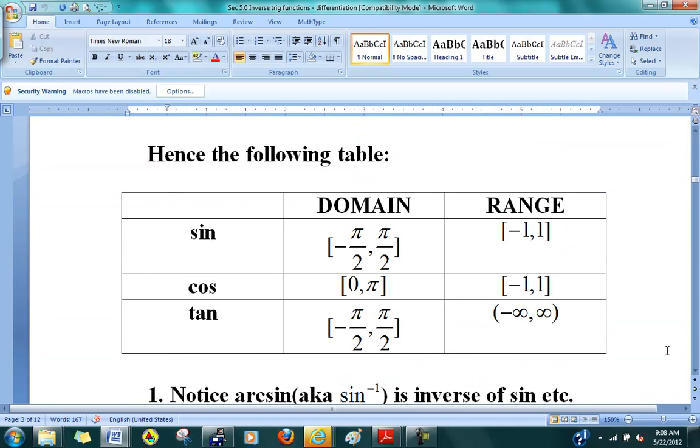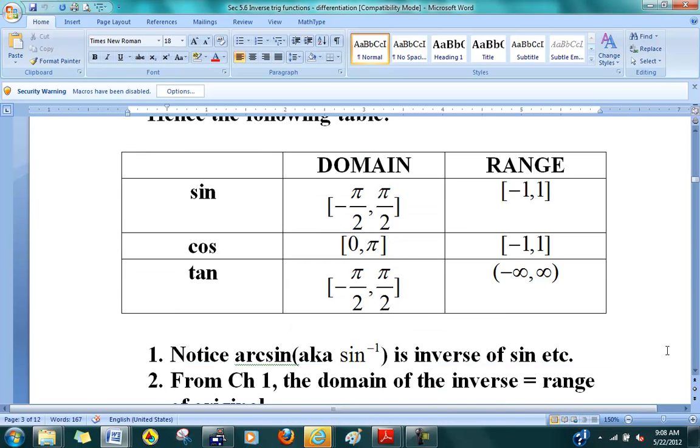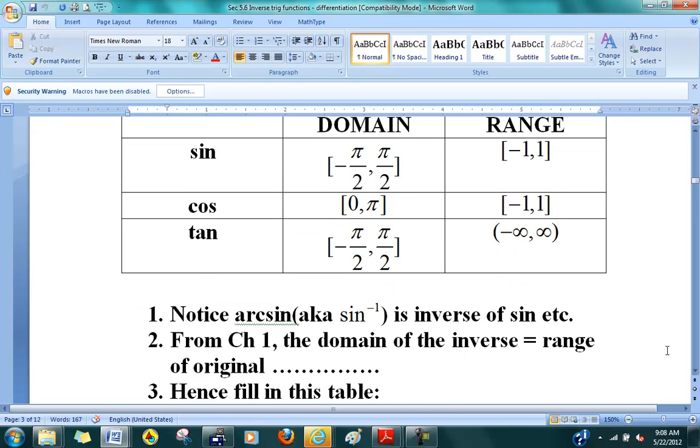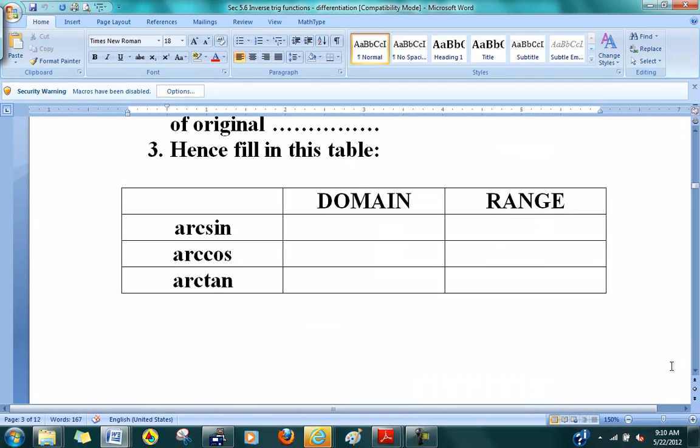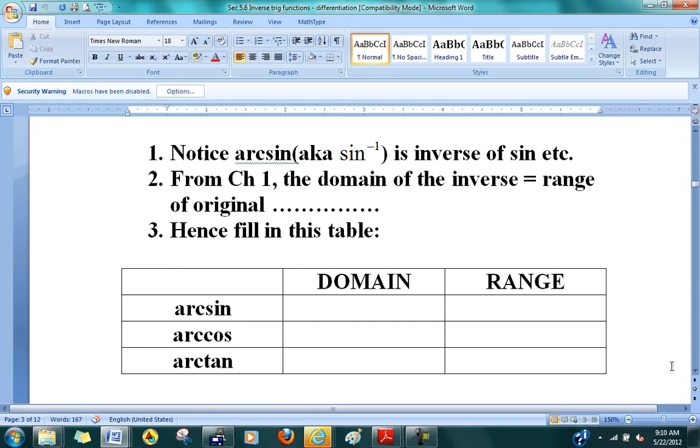You have also seen this table in pre-calc. You might want to copy it down, and you might want to copy the two factoids that are there, number 1 and 2. From item number 2, fill in this table. I don't know if I can get everything in there.